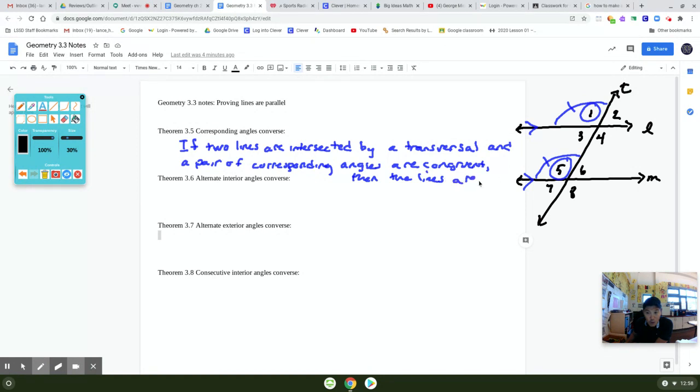So that shows, or in other words, proves that the lines are parallel. Again, in this case, lines L and M. And then you could do something similar for the alternate interior angles converse.